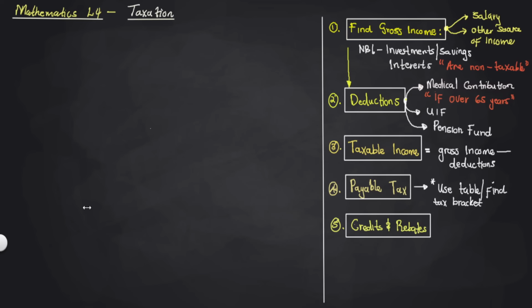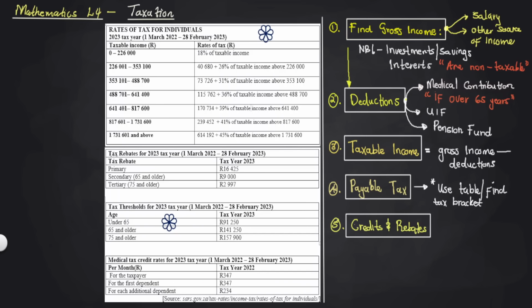The older you are, the bigger the rebates that are applied to a tax year. In our case, our rebates are also part of this table. Tax rebates, there's primary, secondary, tertiary as well, right? That is why the rebates are dependent on what?